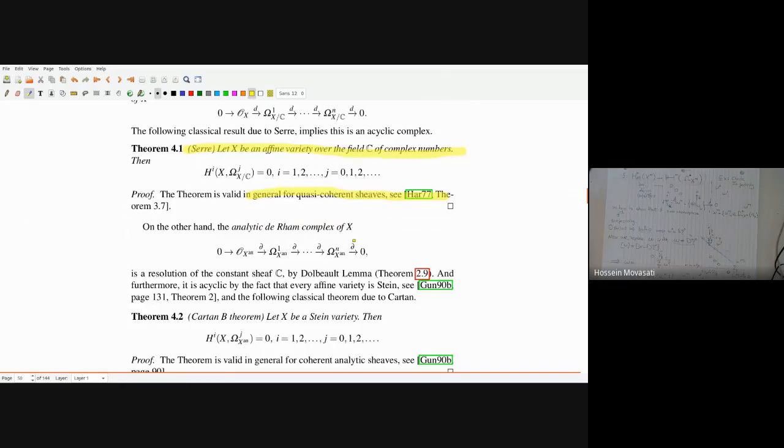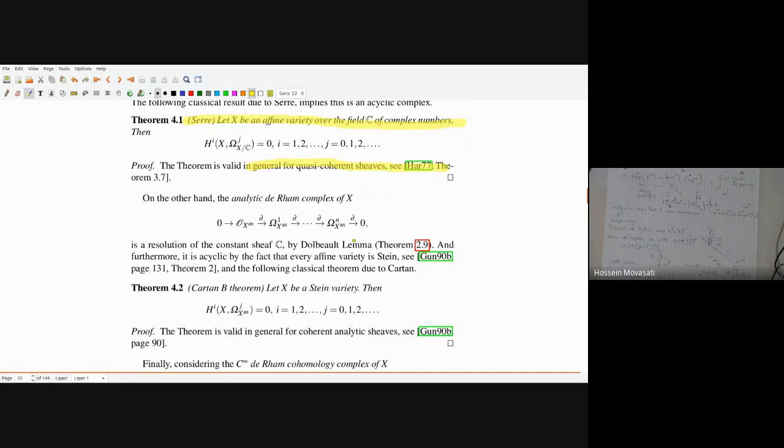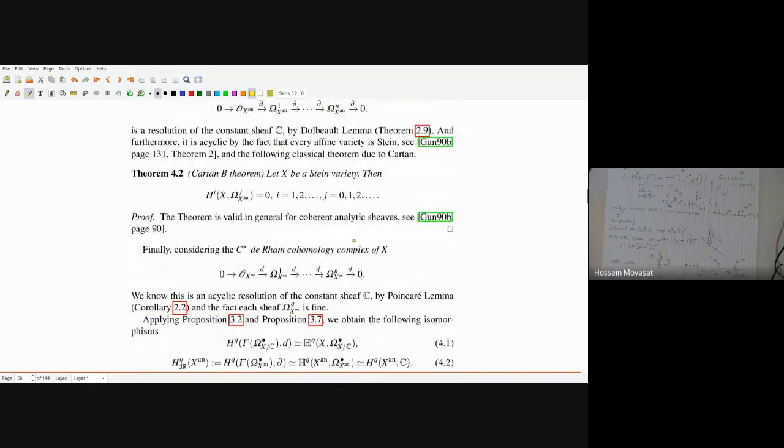Maybe I tell. Okay, slowly we will start using this X-an also, but let me remind you of another theorem which is usually taught in the complex geometry course. It is called Cartan B theorem. It's a kind of Serre theorem in the context of a complex manifold. So you see the concept of Stein variety.